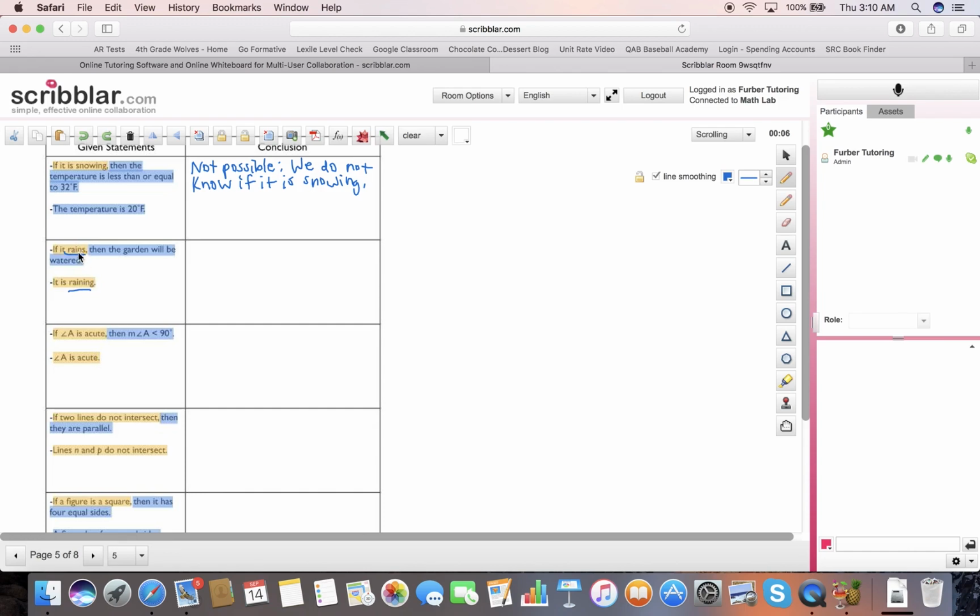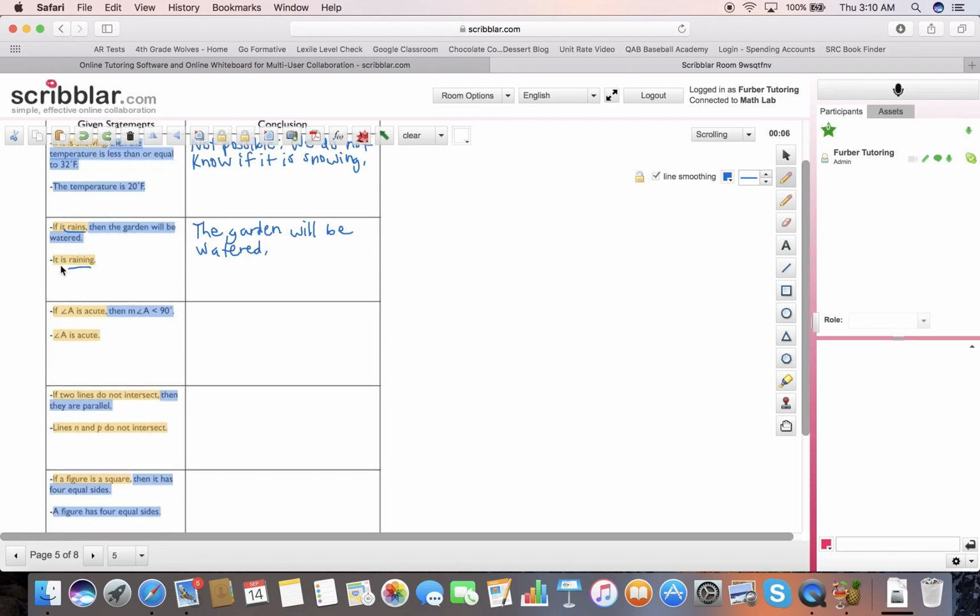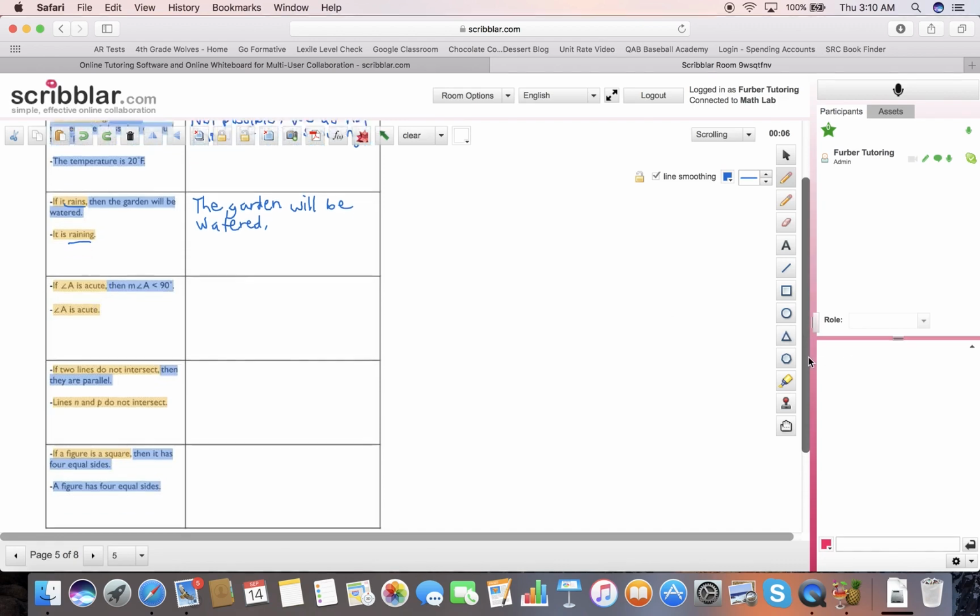So since this matches the hypothesis, we can draw the conclusion: the garden will be watered. If it's raining, the garden's going to be watered, and it tells us it's raining. So the garden will be watered. We can draw that conclusion because the hypothesis matches the statement that comes after the conditional.